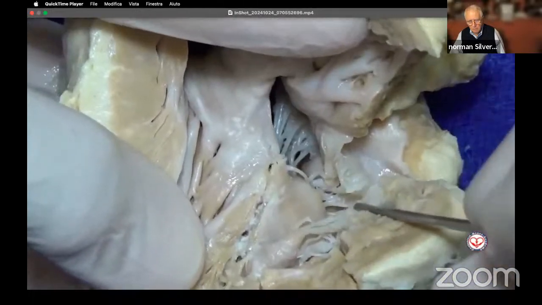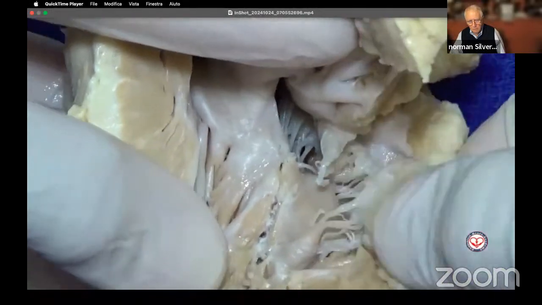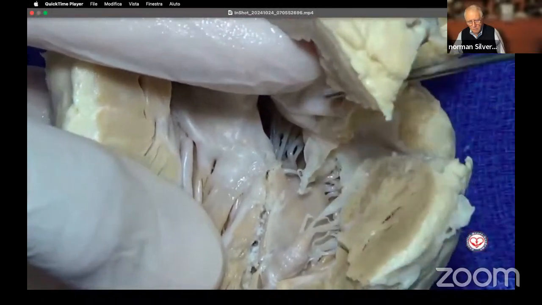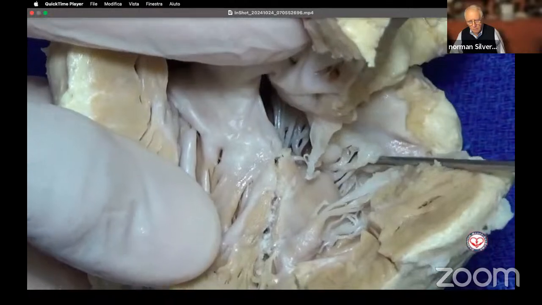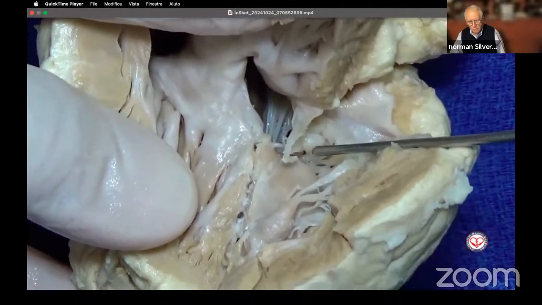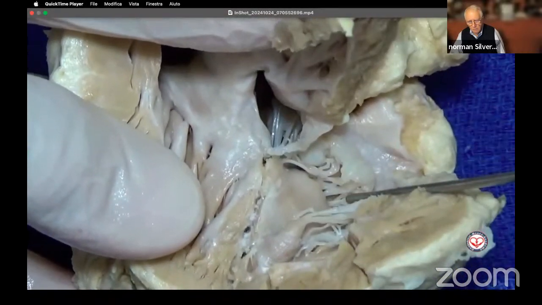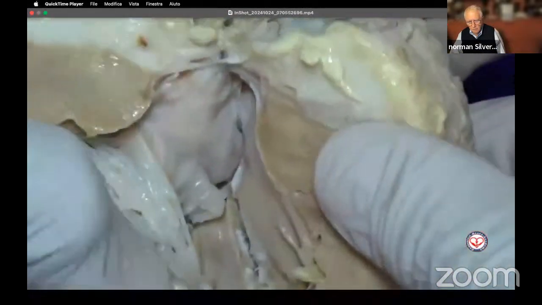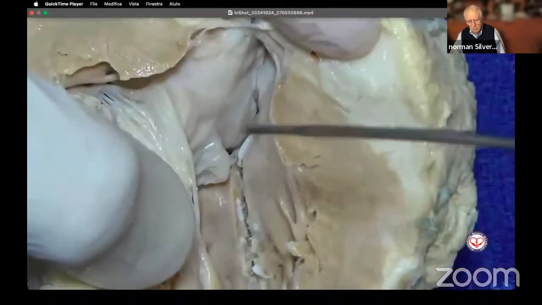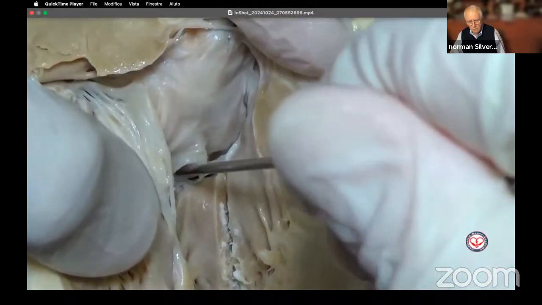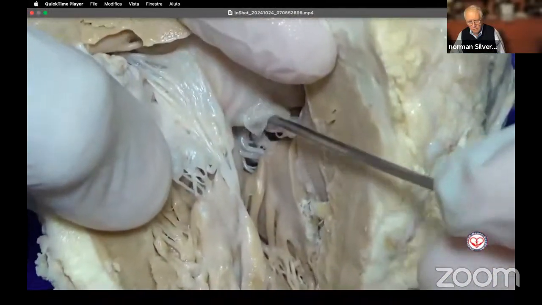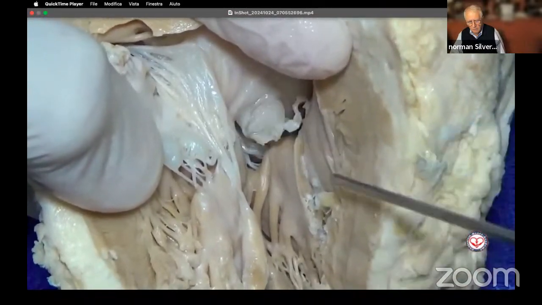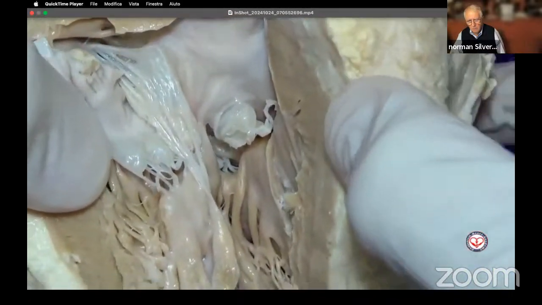And remember, I also said that it was extending to the inlet, so beneath the septal leaflet of the tricuspid valve. This defect is then consistent with a confluent defect. Looking at it from the left ventricular side, you can see the crest of the ventricular septum here, and that portion of the left-sided tricuspid valve that is straddling and overriding the ventricular septum.